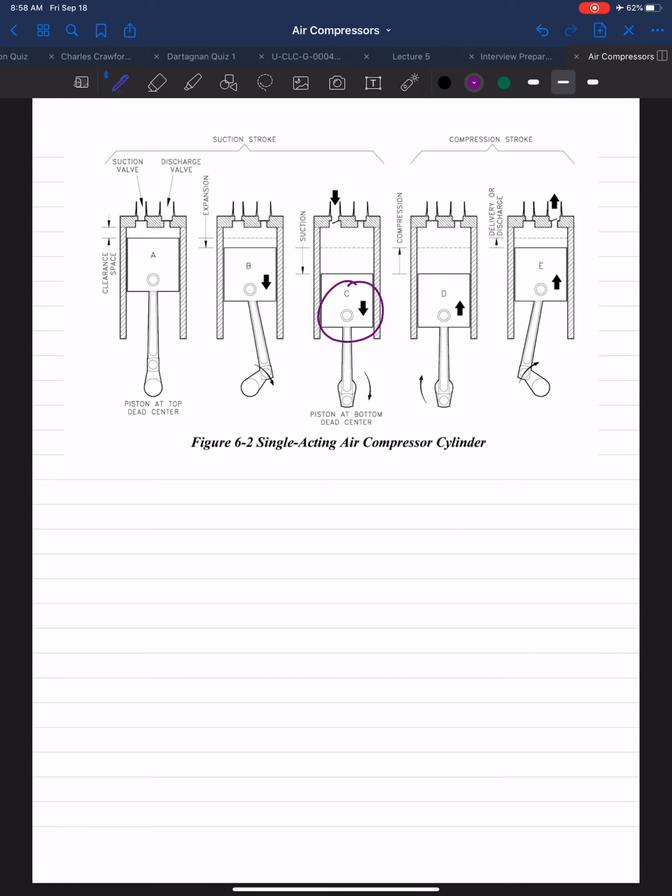Then you start to head up on your compression stroke. The piston starts to move upward. As it moves upward, the pressure begins to increase in the cylinder. And at some point, that increase in pressure forces the discharge valve open.